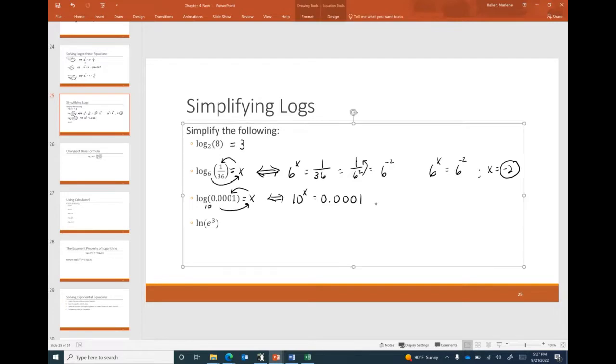So I could rewrite 0.0001 as 1 over 10 to the what power? Is it fourth or fifth? Let me see. I'm tired in the day here. Let's see.